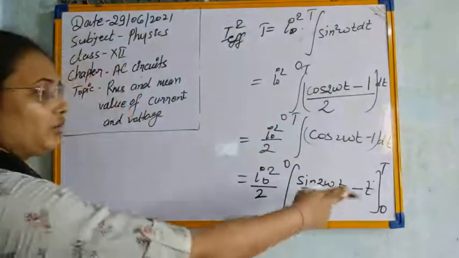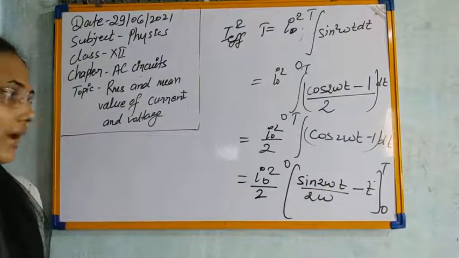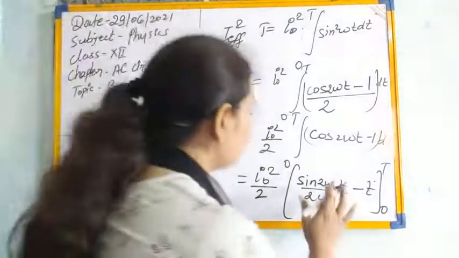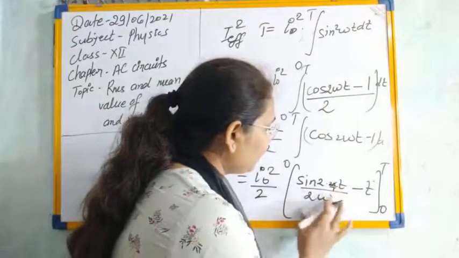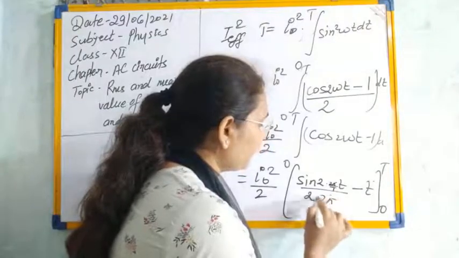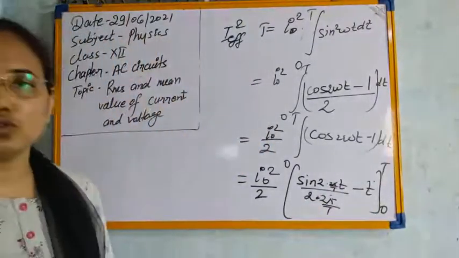Now let's put the values. After putting the values of sin 2 omega t, in place of omega you can write 2 pi by T, and again in place of omega you can write 2 pi by T, and now you can put the value of t here and solve.